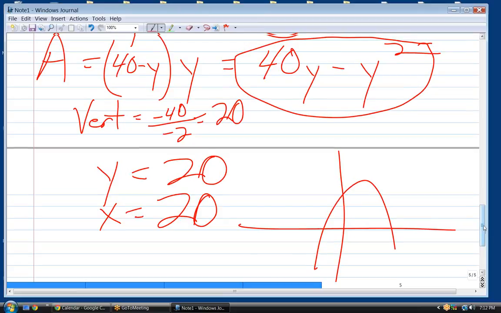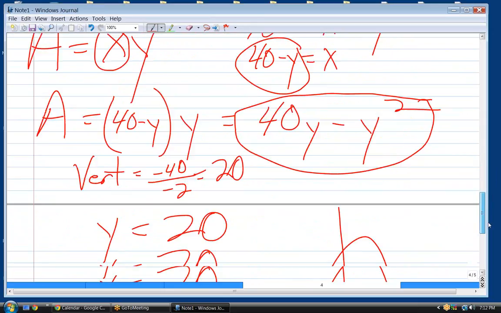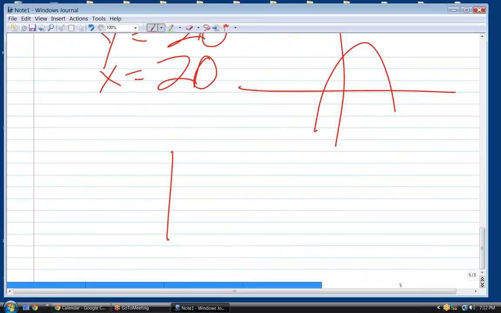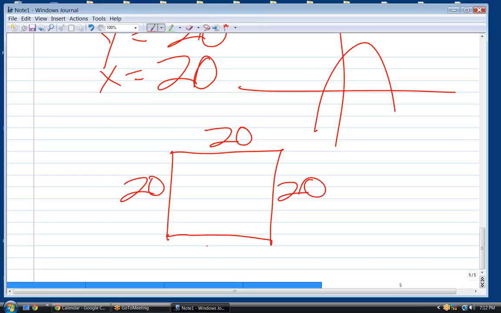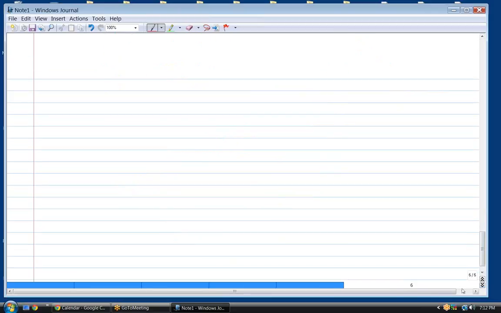There's our square again. In other words, the shape of that object has to be a square. It's always going to be a square. Okay? Okay. What else you got?